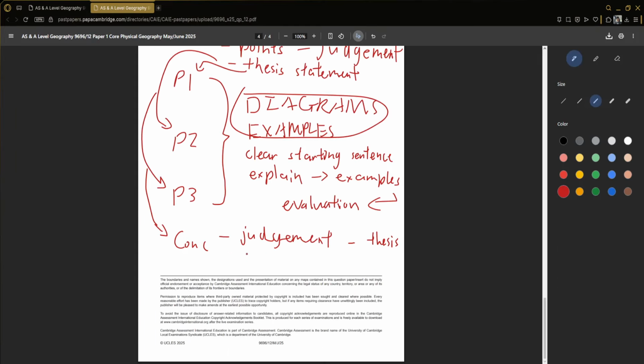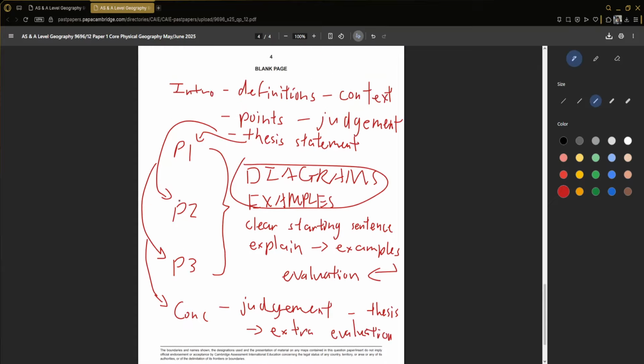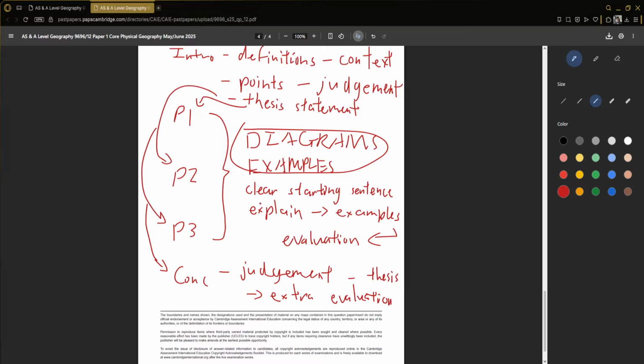So you can add more evaluative points. So it's like extra evaluation, but make sure that whatever you're talking about in your conclusion has to come from your P1, P2, P3, or introduction. If you're adding something completely new, you're doing something wrong.